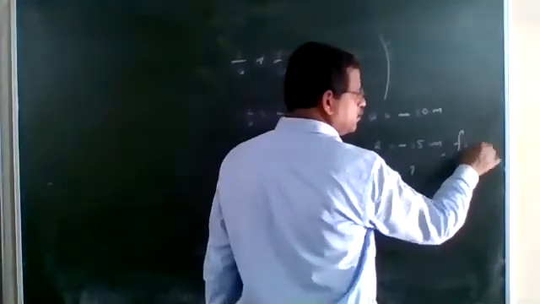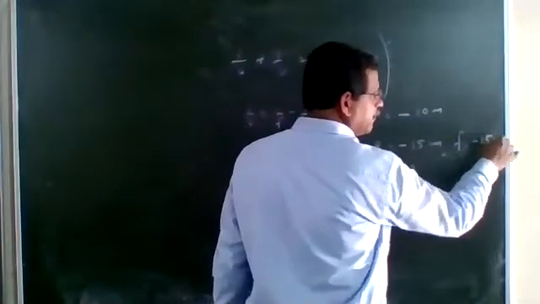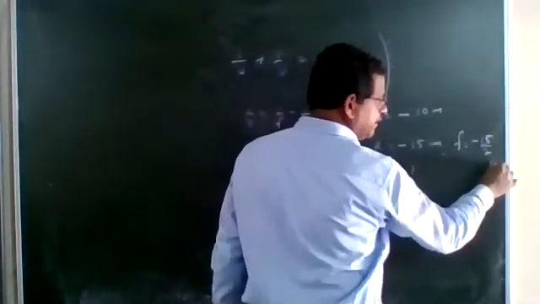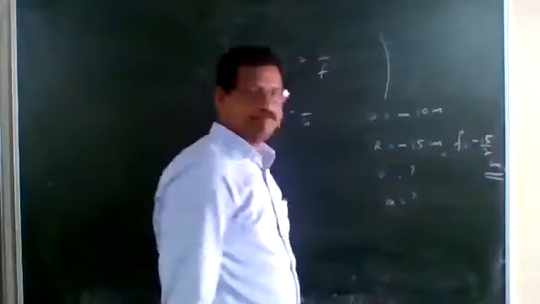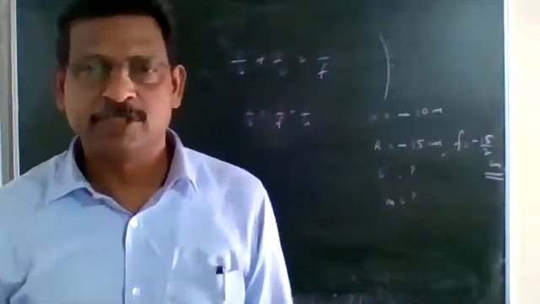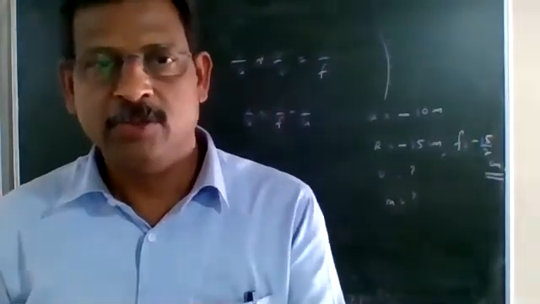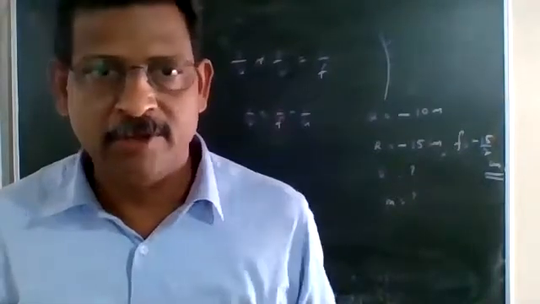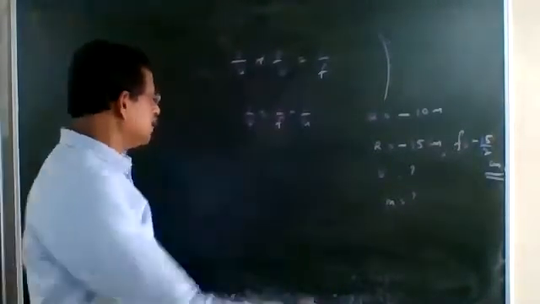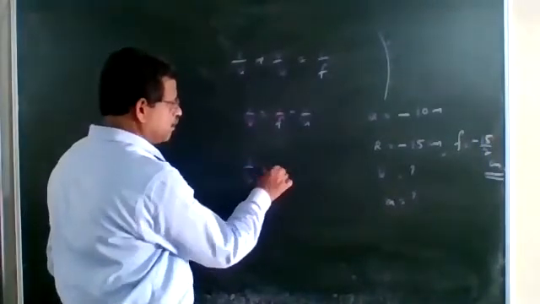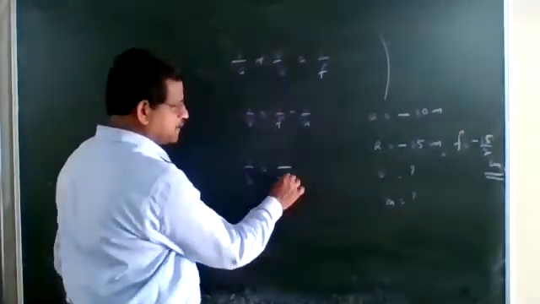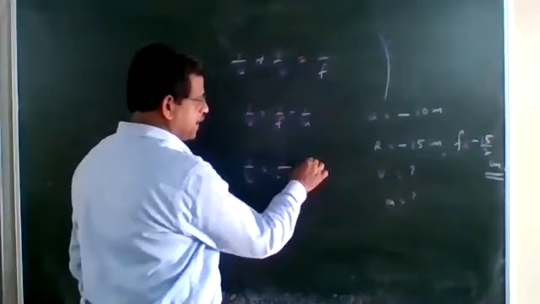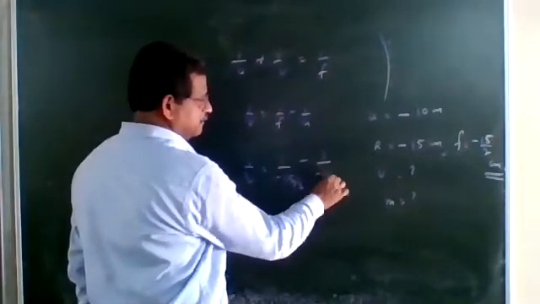Therefore, f equal to minus 15 divided by 2 centimeter. So signs are to be used there. You use the equation, but the signs with the numerical values you have to use. Substitute the values: 1 upon v equal to 1 upon f, that is minus 2 upon 15, minus 1 upon minus 10.